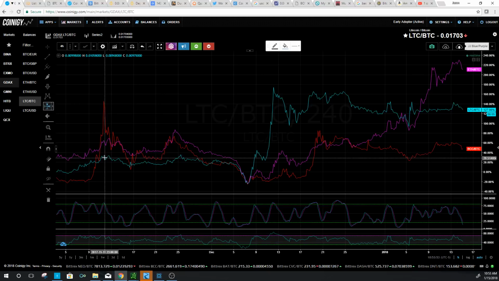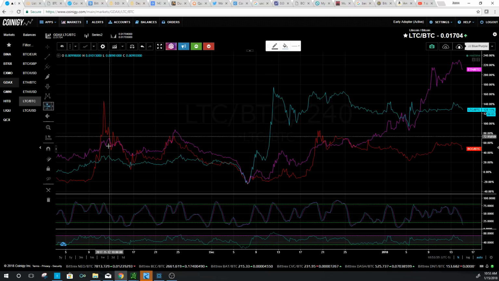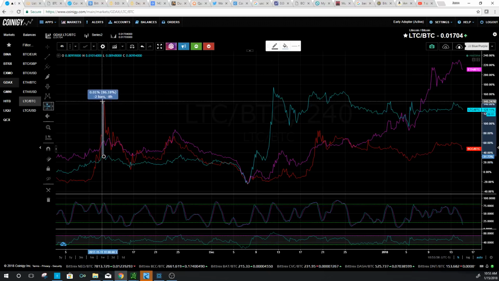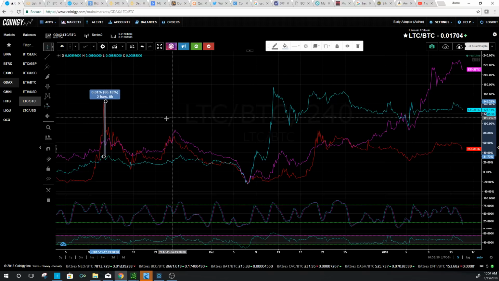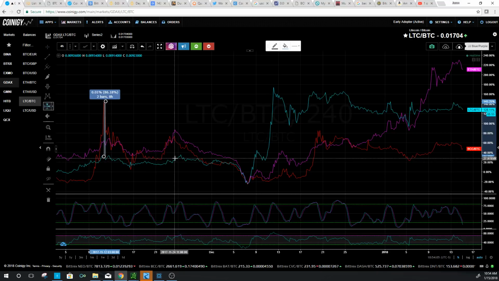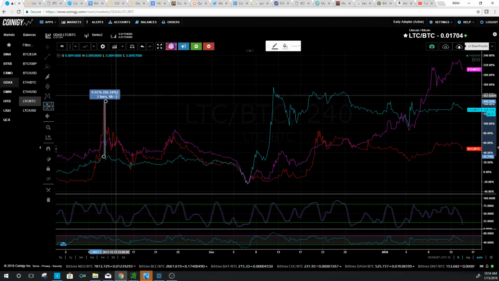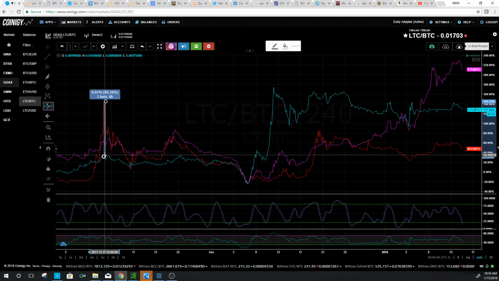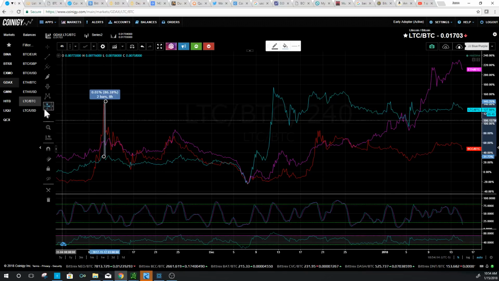So you want to look at Litecoin versus Bitcoin Cash, 86% there. Okay. So that number doesn't matter as much as, that's an 86% spread on this chart relative to each other.